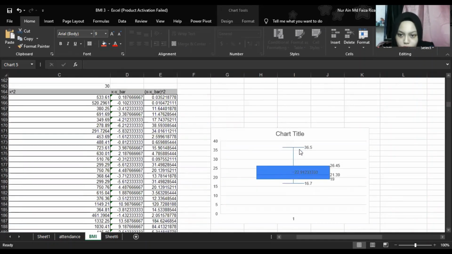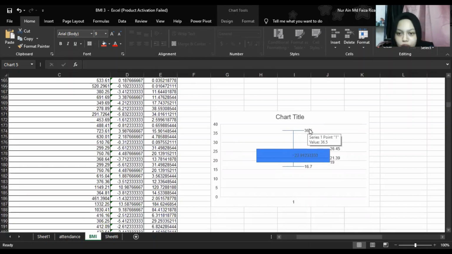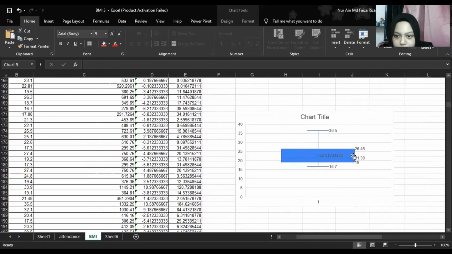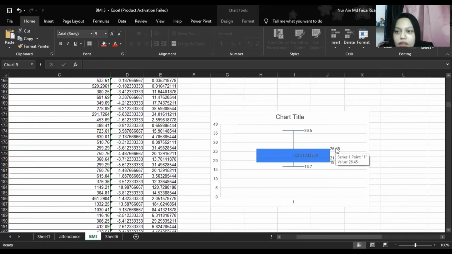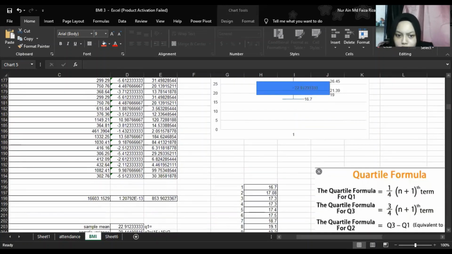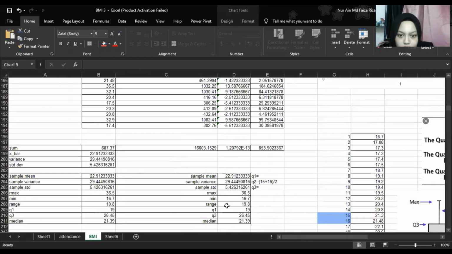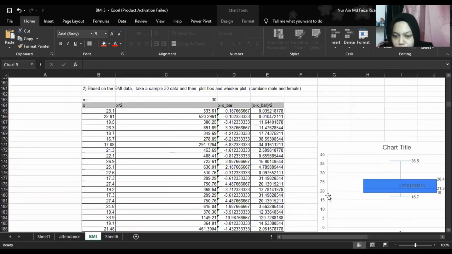As you can see, 36.5 is the max, 16.7 is the min, 22.91223 is the median, and 26.45 is the third quartile. 21.39 is the median, and 19 is the first quartile.